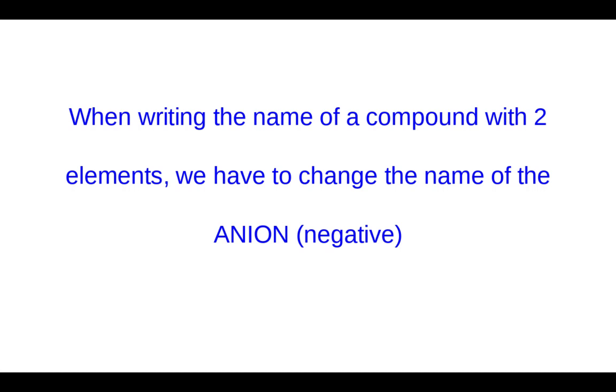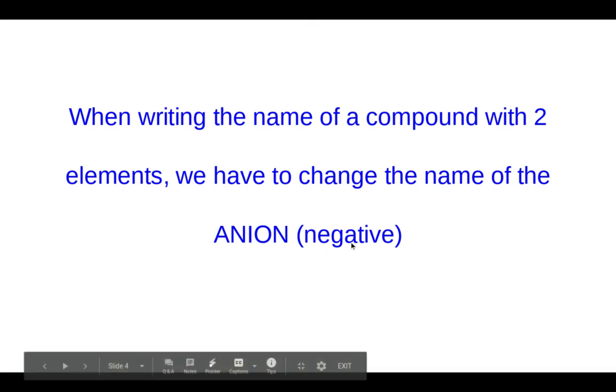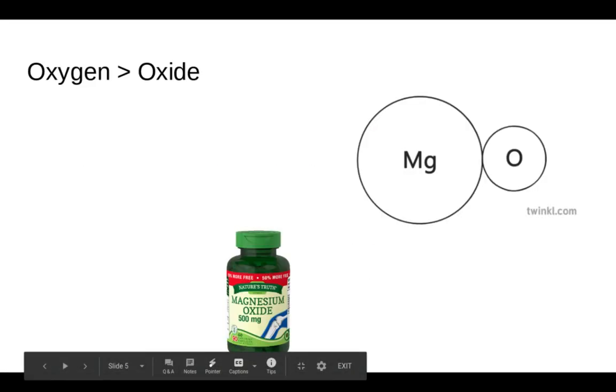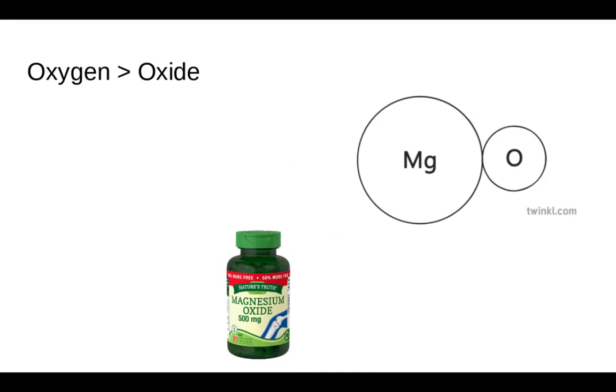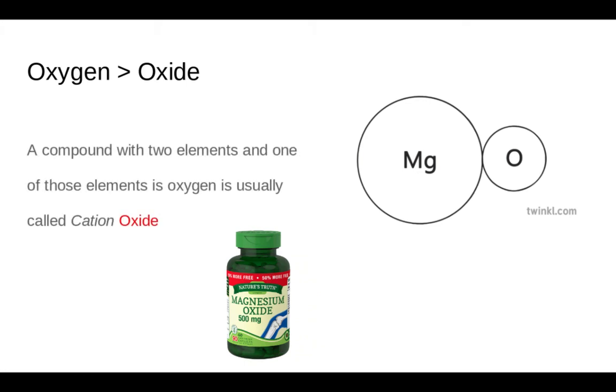So when writing the name of a compound with two elements, we have to change the name of the anion, okay? And remember, the anion is negative. So oxygen becomes oxide, okay? Here we have two ions, magnesium and oxygen. Rather than say magnesium oxygen, we need to change oxygen to oxide.